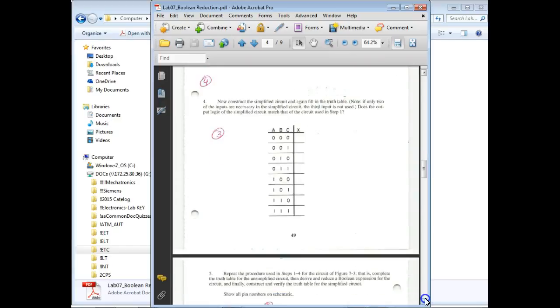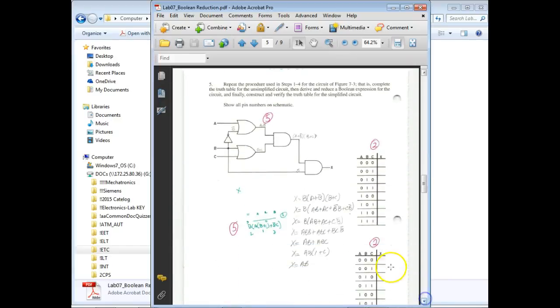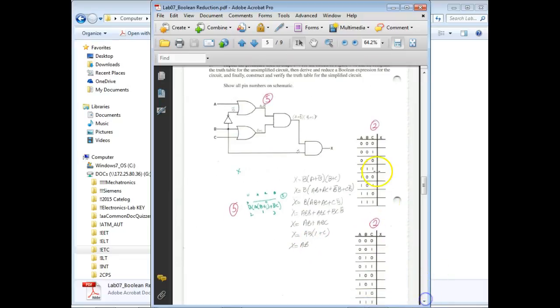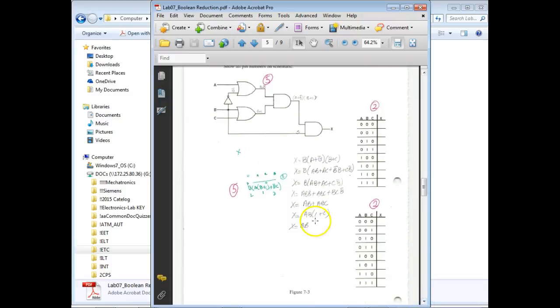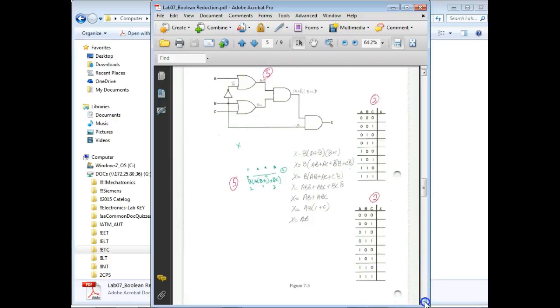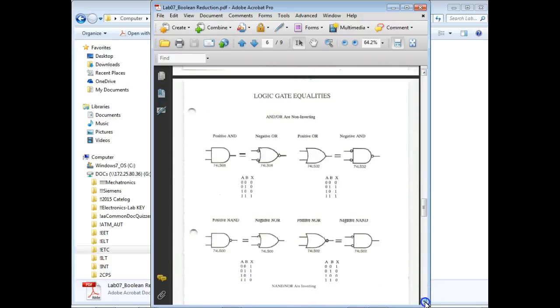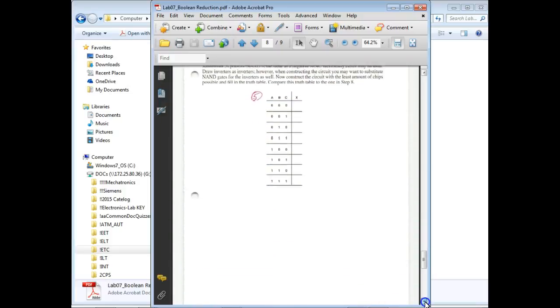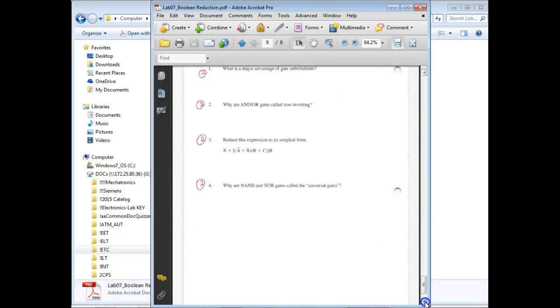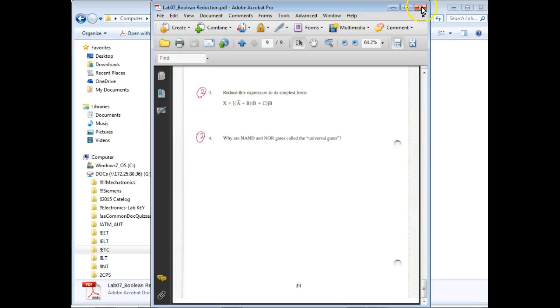Here's the circuit right here, reduced down. Then you'll go through the same truth tables, but you'll have to draw the circuit. That looks like a real easy one. I think that's all the reduction that has to be done, just those 2 circuits.